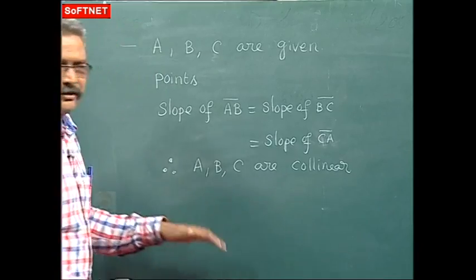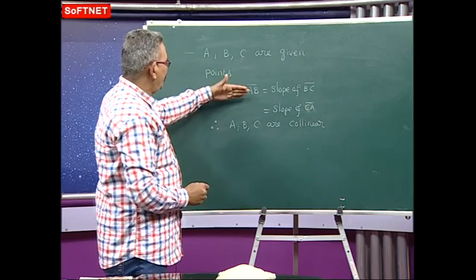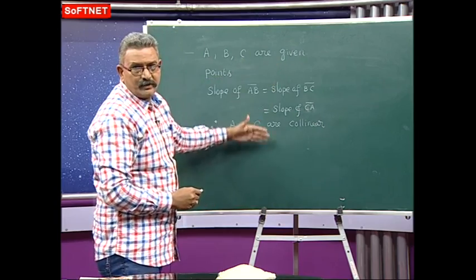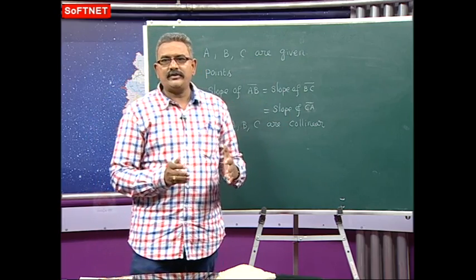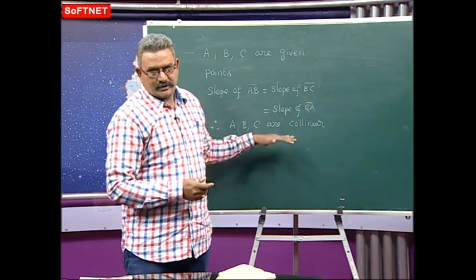If A, B, C are collinear, then the slope of AB is equal to the slope of BC or CA. So while doing the problems, we can apply this concept also.